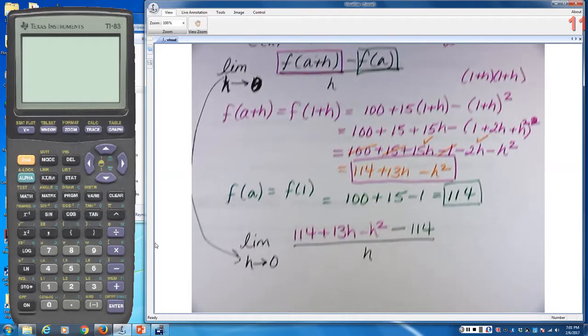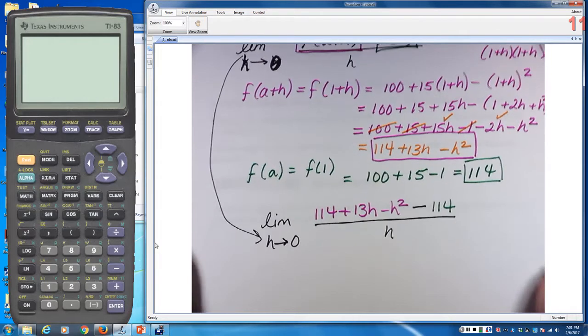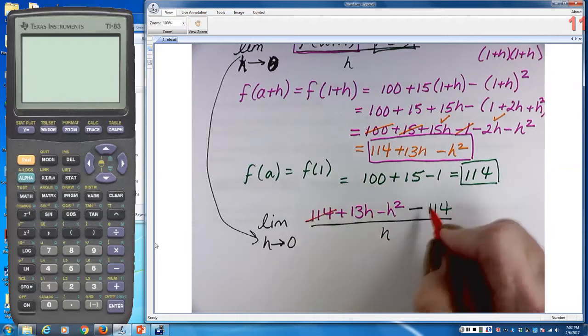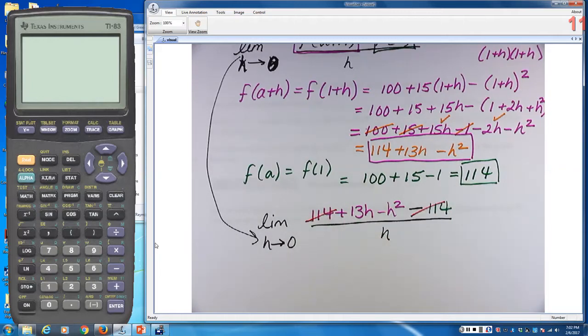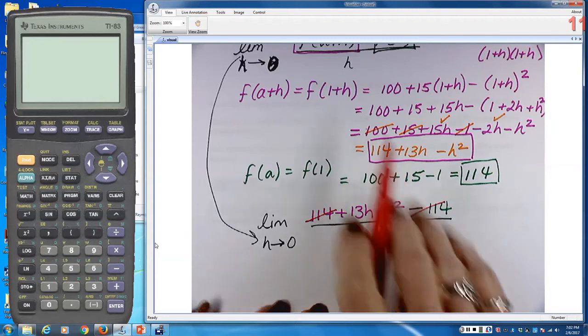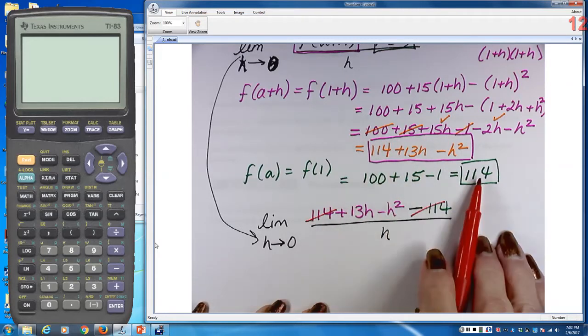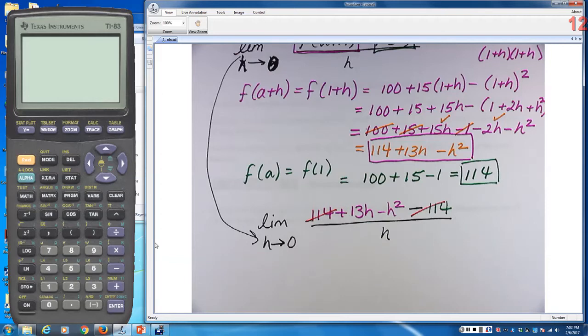Okay, now the things that happen now should always happen when we're doing this kind of problem. What should happen next is that 114 will disappear. It was not an accident that this turned into 114 and that this is also 114. That should always happen.